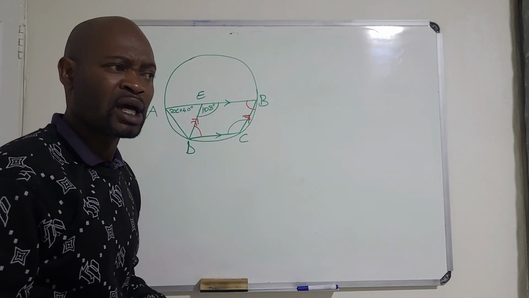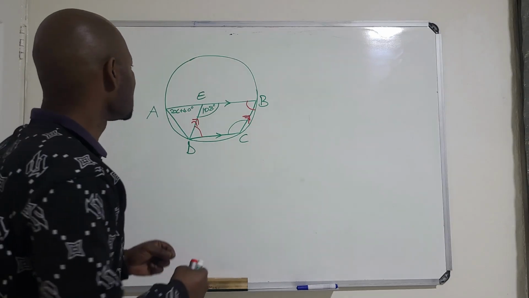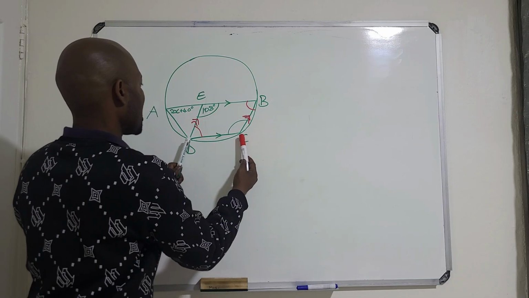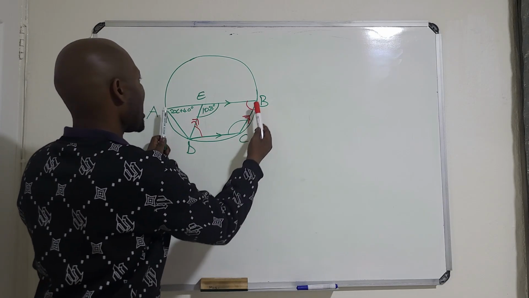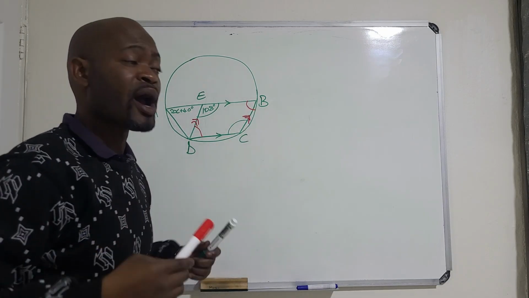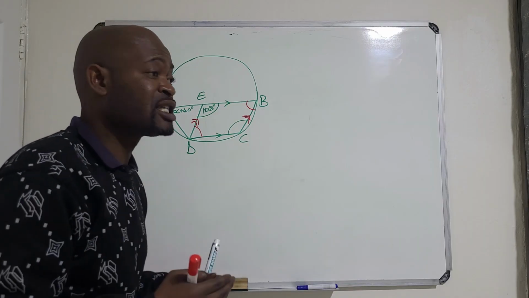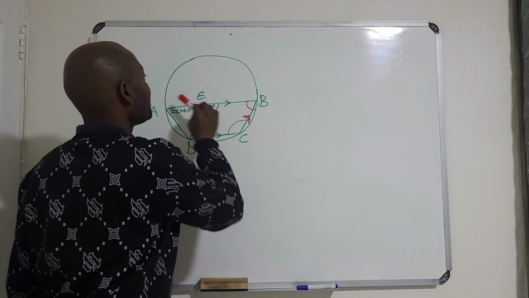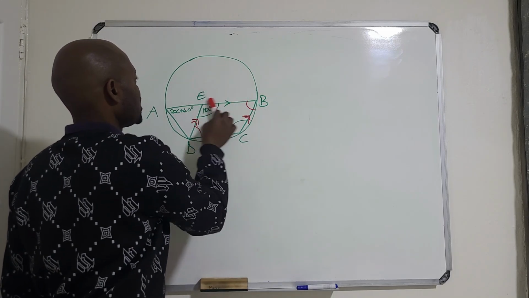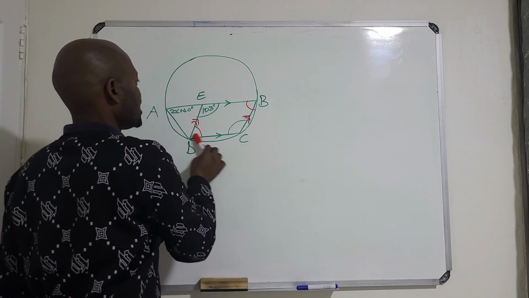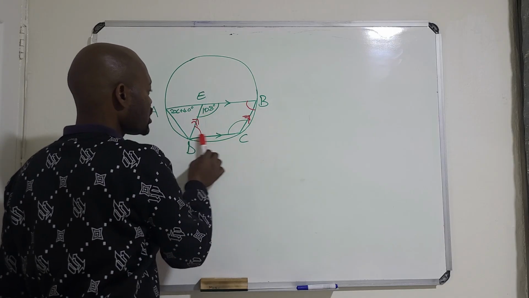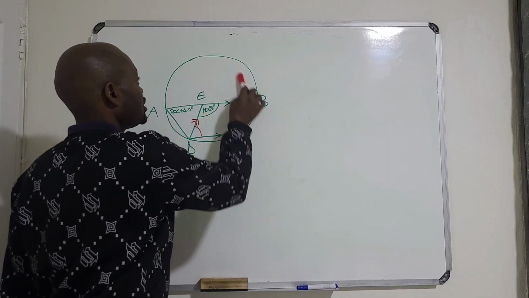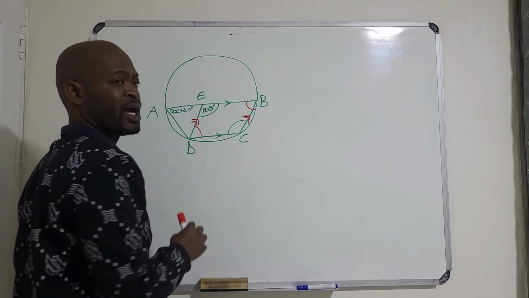If they are chords, it means that the endpoints of these chords are on the circumference. Because we know a chord is a line that divides the circle into two segments. This chord divides this circle into this segment and this segment there.